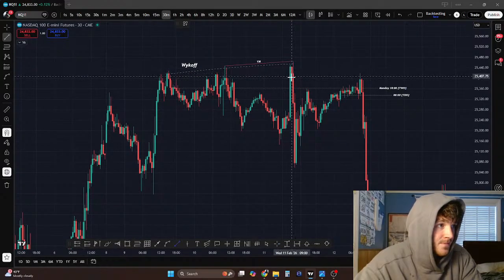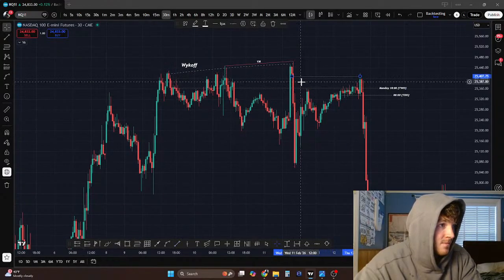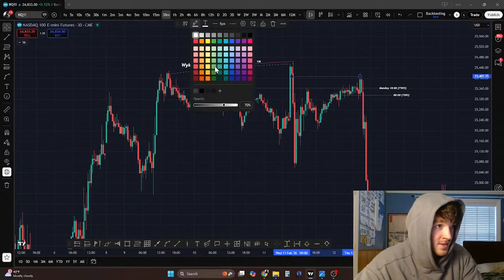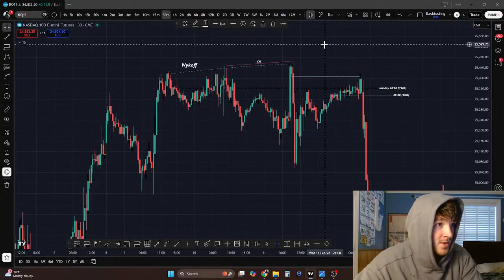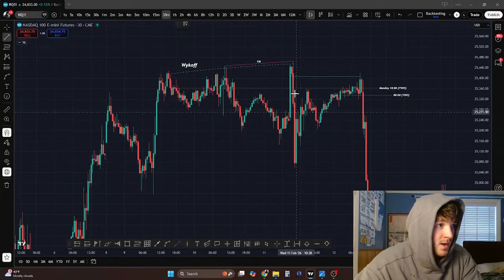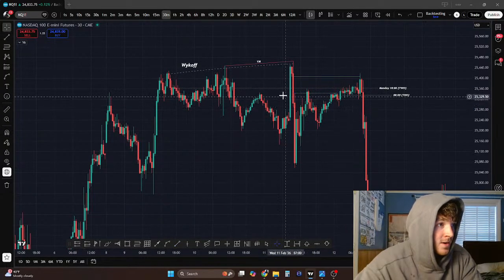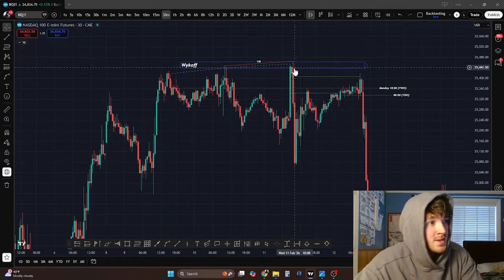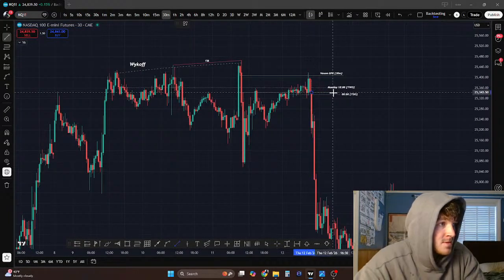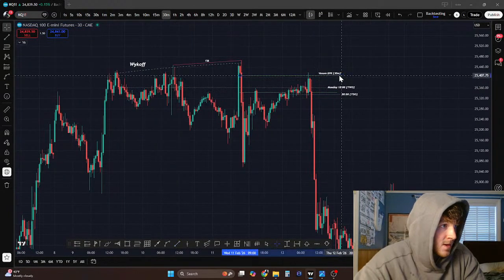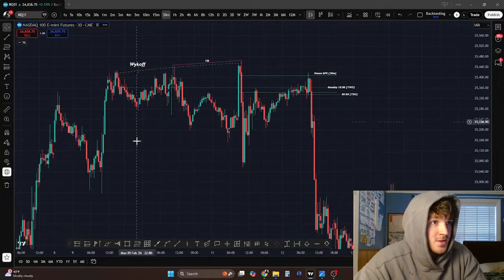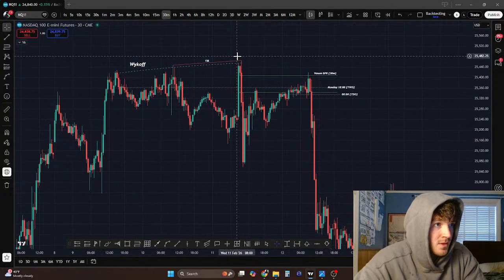Just crazy, right? You can see how this is a Venom model here, where drive one, a BPR, and then it's kind of not perfect. Okay, anyway, you can see there's your three drives. 1, 2, 3.